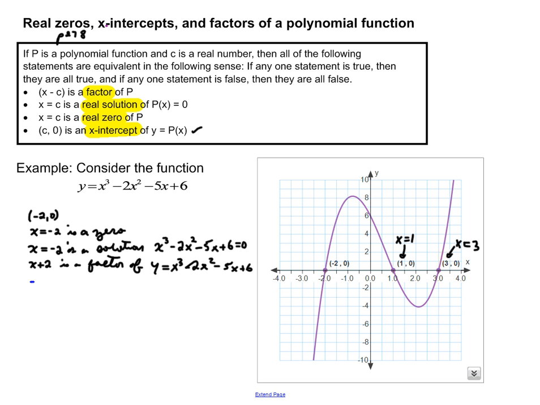Let me show you. Let's take negative 2 and set that up in our synthetic division with our leading coefficient of 1, negative 2 as our x squared coefficient, negative 5 as our x coefficient, and 6 as our constant term.